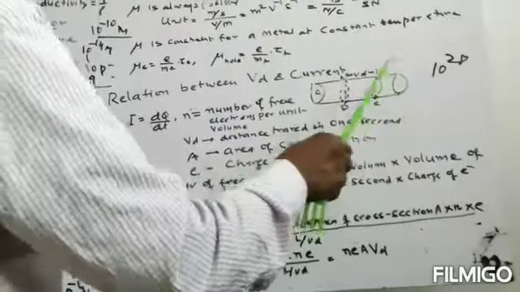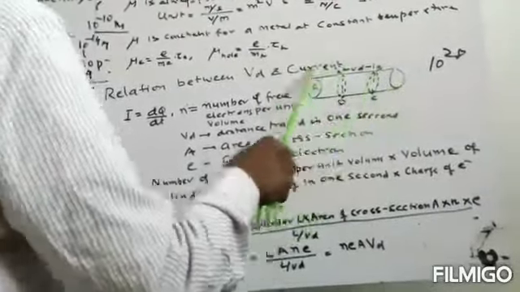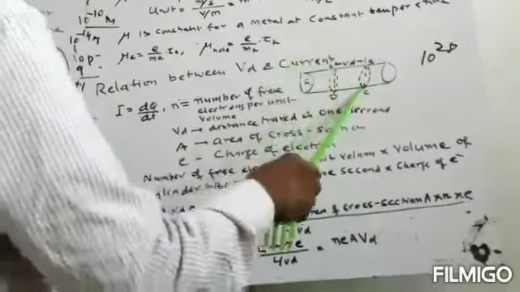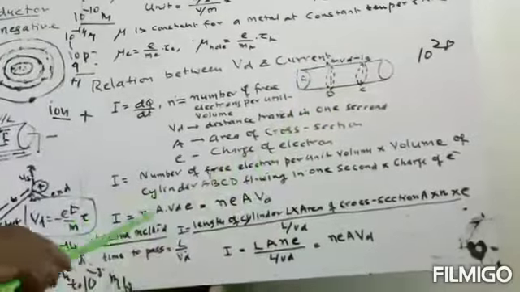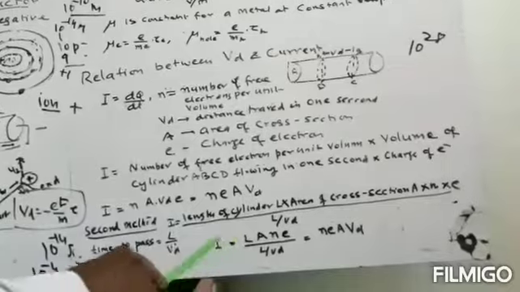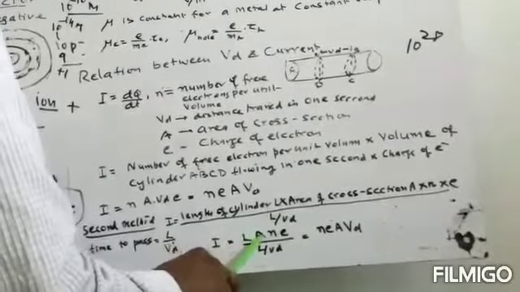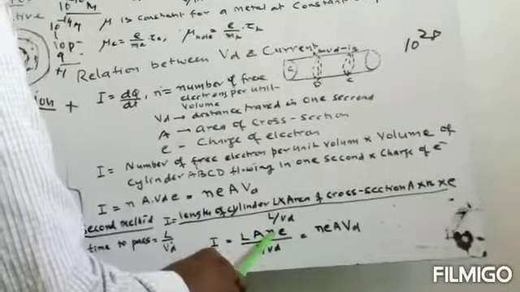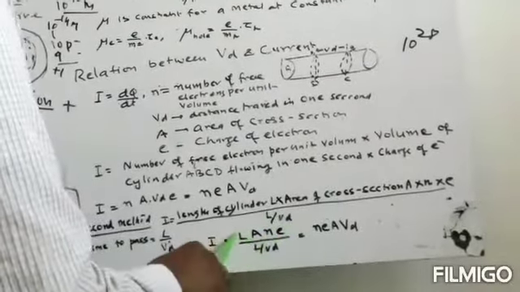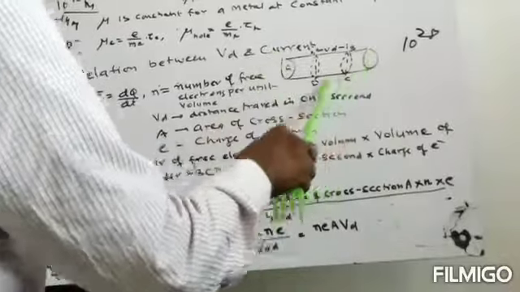That will be equal to the density of electrons multiplied by the volume of the cylinder. The volume of this cylinder will be equal to length into A, multiplied by n, which gives the total number of electrons, and with e the charge in this cylinder.